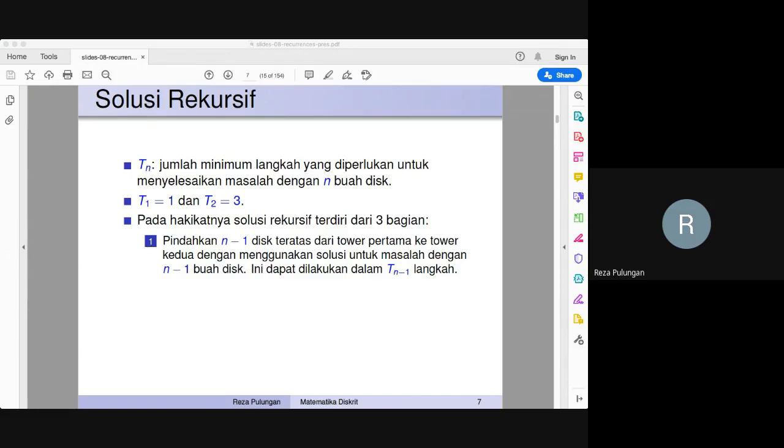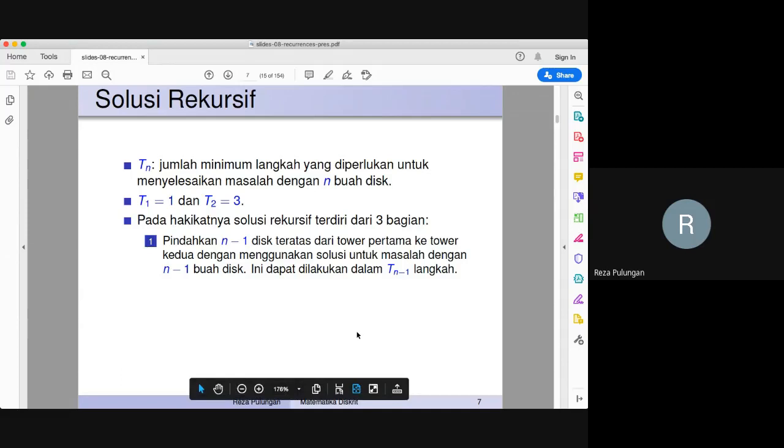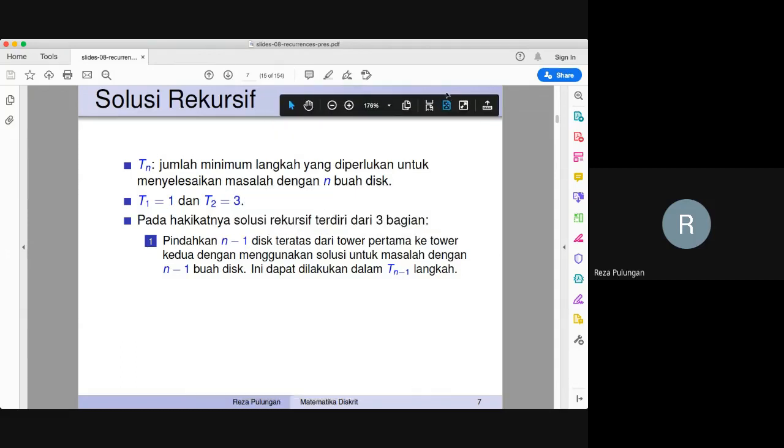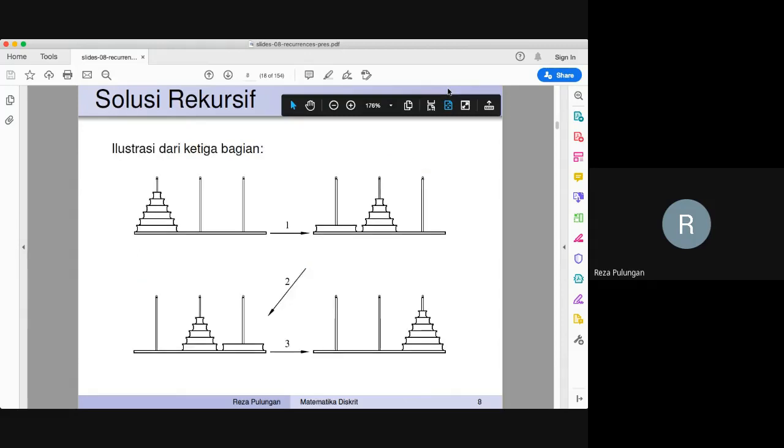It is important to think of this in an abstract way because even though we don't know the very detail, by thinking about this abstractly, we can deal with this in an easy way. So let's see. What do we have to do if we want to move n disks from the first to the third tower? Well, all you have to do is like this.